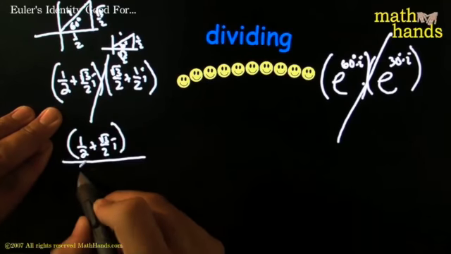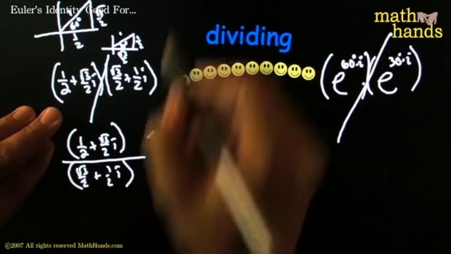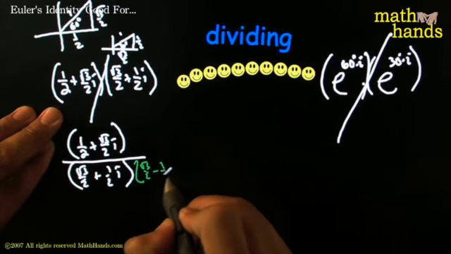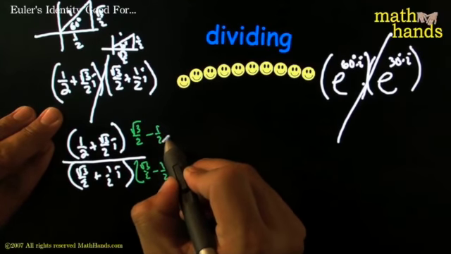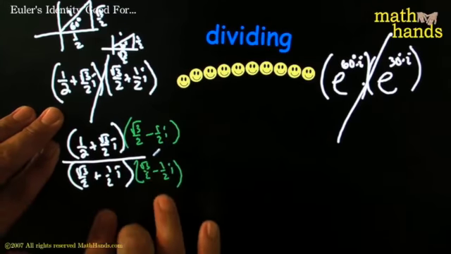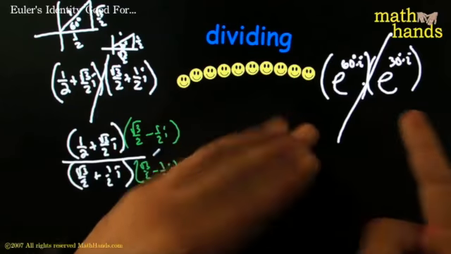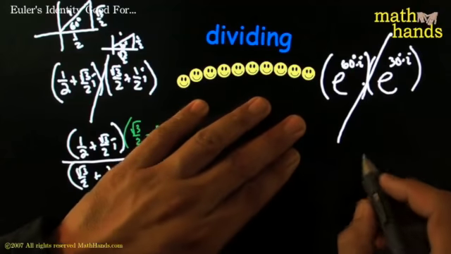Incidentally, a lot of people abbreviate this cosine of the angle plus i times the sine of the angle like this: cis theta, which means cosine of the angle plus i sine of the angle. This is just short for this whole thing. Just so you know, some people do it.